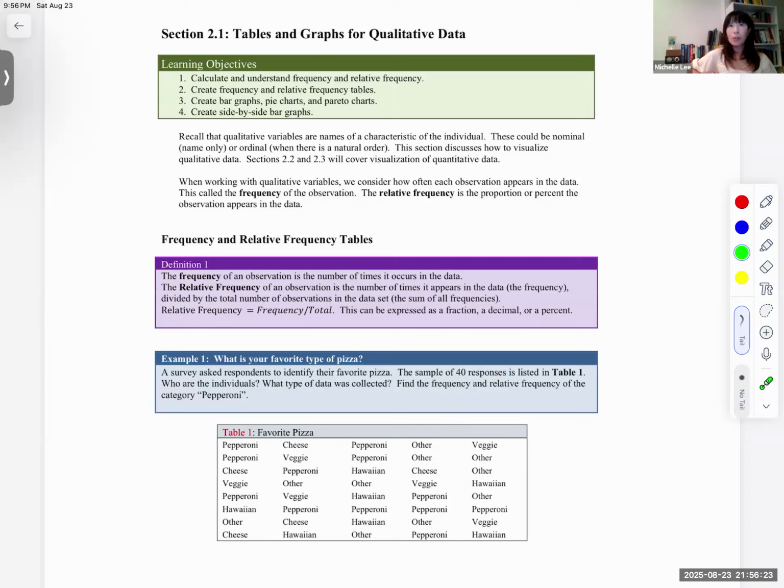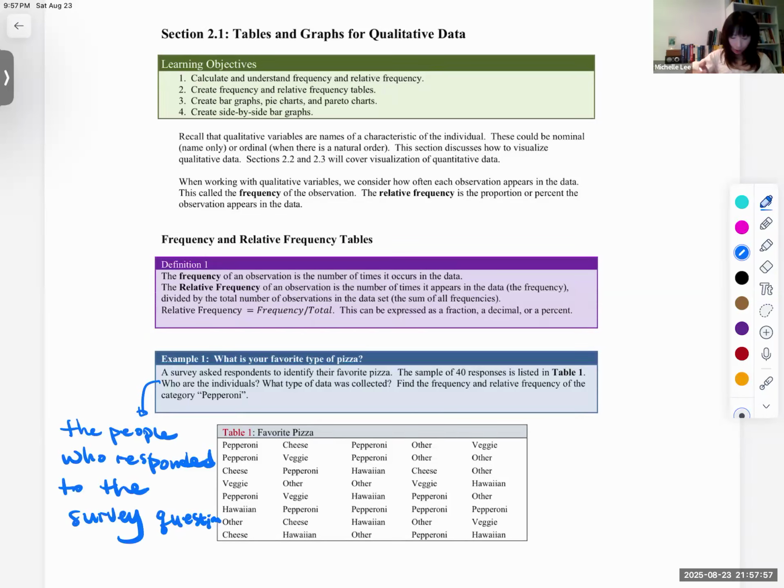So the people who responded to the survey question, those are the individuals. Let me write it down. Okay, I wrote down here: the individuals are the people who responded to the survey question, right?